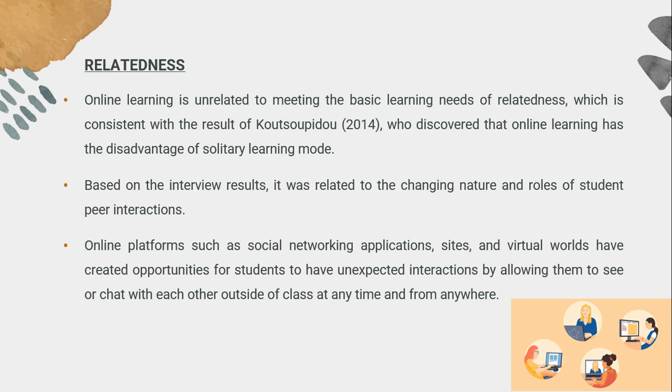Instead of face-to-face contact, students generally made friendships through information technology, and because of the widespread use of online platforms and the various kinds of human interaction, the nature of human relatedness has changed.